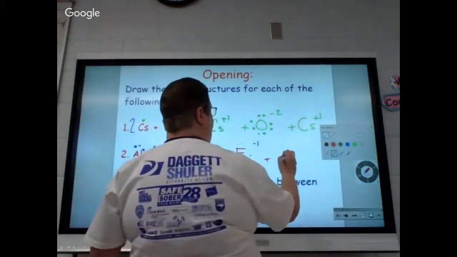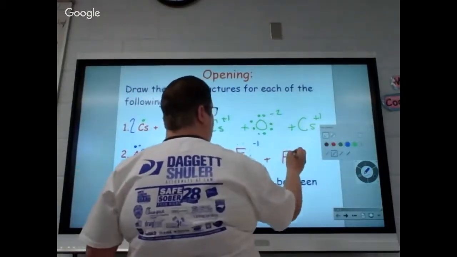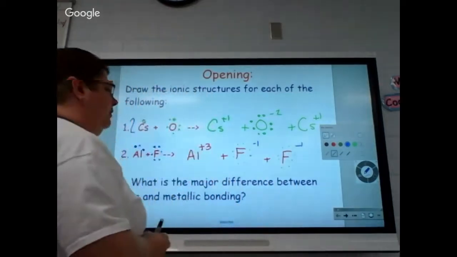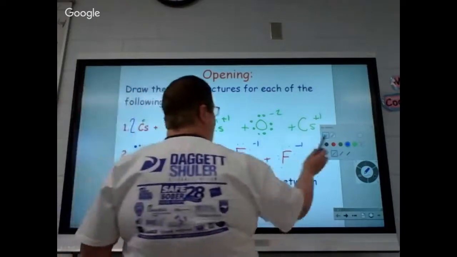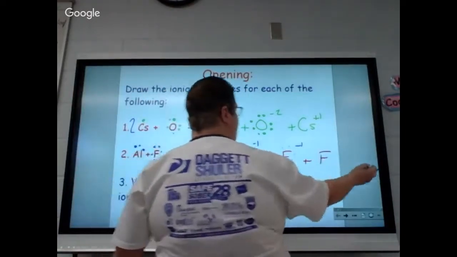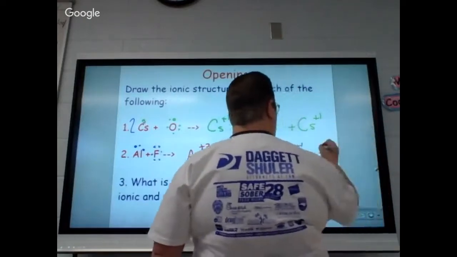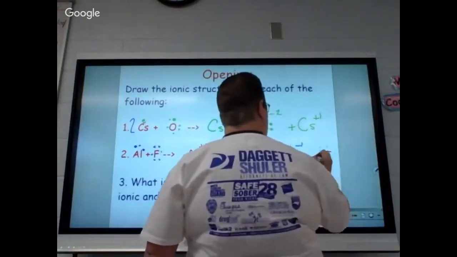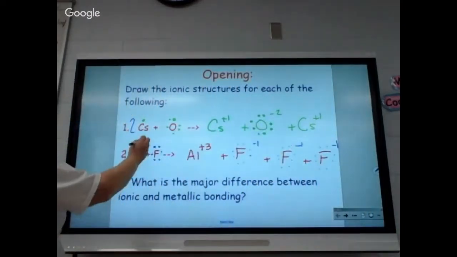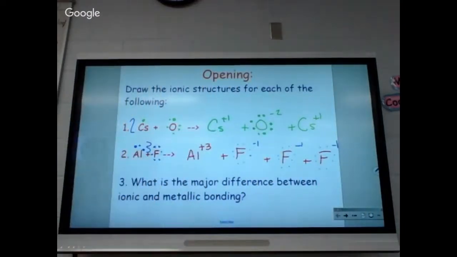Adding an F, and F can take how many? Can take 1. So that means I still have a homeless dot. So put 1 more F. And that F can take what? 1 more dot. So now, to balance it, I need to put a what? 3 on the F. Any questions about how to do that?